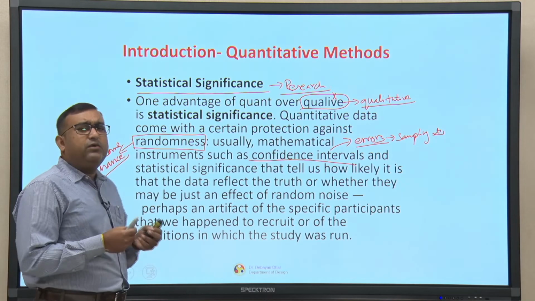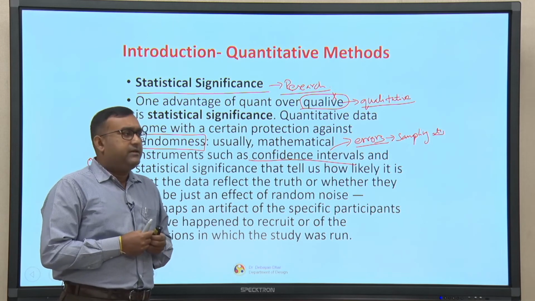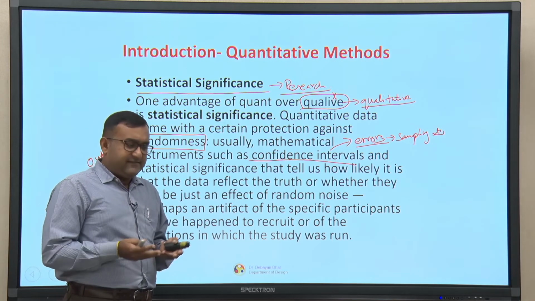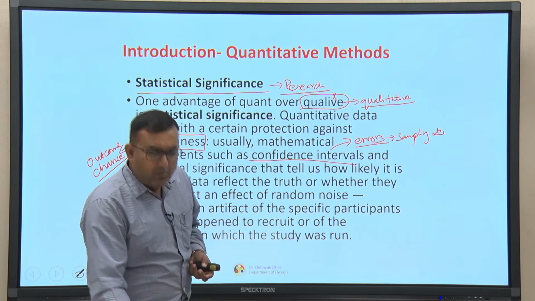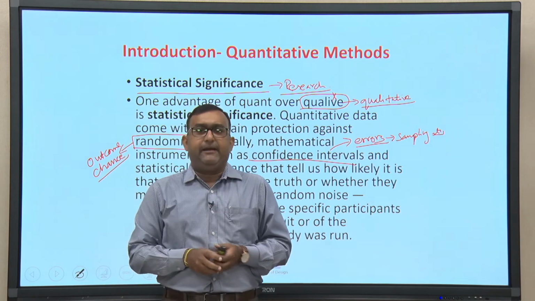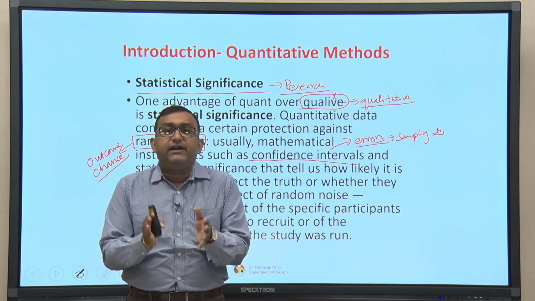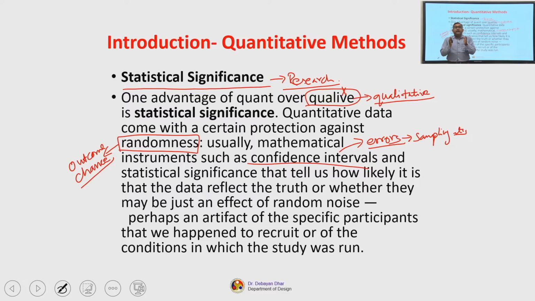See, essentially what we are trying to understand from these studies is whether the observation we are making is real. That means, is it for sure that this is what we are observing? Therefore, you would realize that in our discussions with qualitative data, I have time and again talked about looking at the trend.